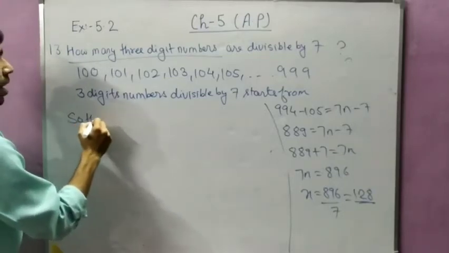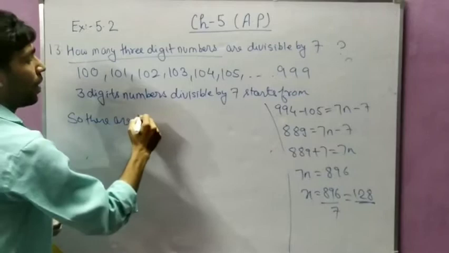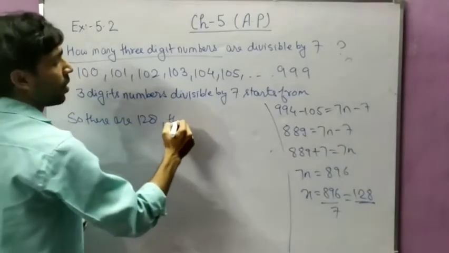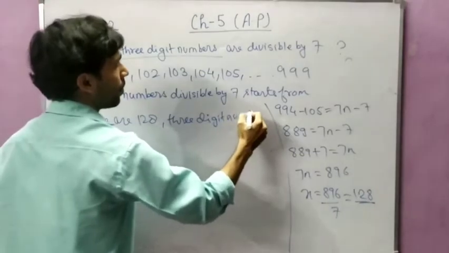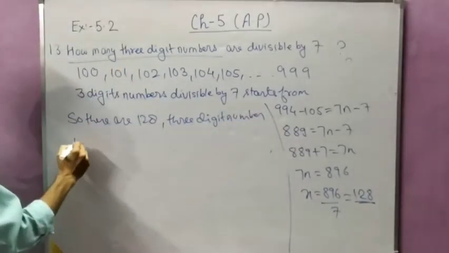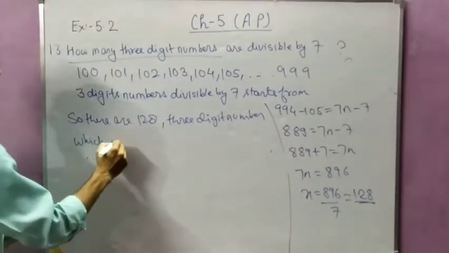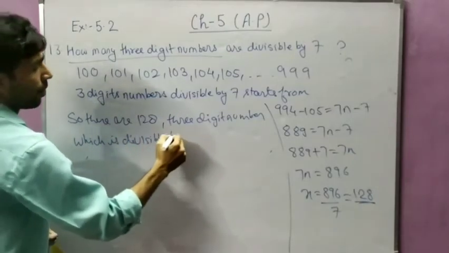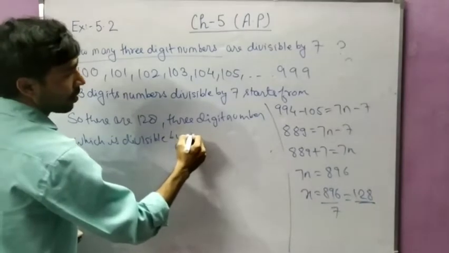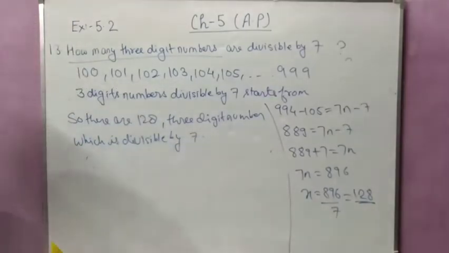So there are 128 3-digit numbers which are divisible by 7. Okay, when you solve 2 or 3 of this type of question, then you will easily understand.